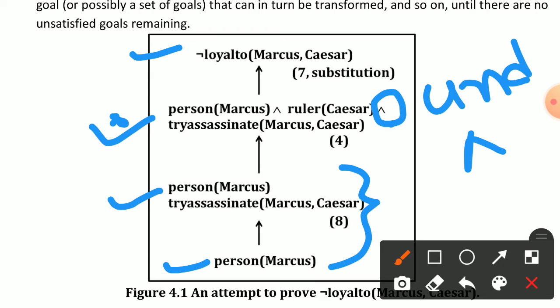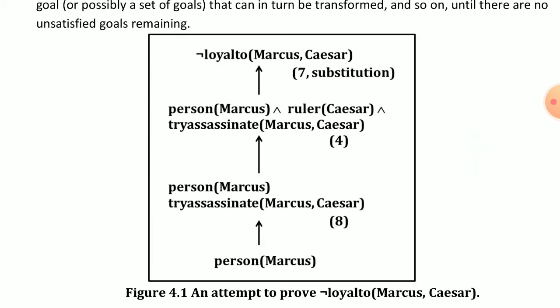And we can take Marcus, comma Caesar is not loyal. So here in this figure, an attempt to prove not loyal to Marcus, comma Caesar. We can take Marcus, comma Caesar, and then we can reach that Marcus is not loyal.